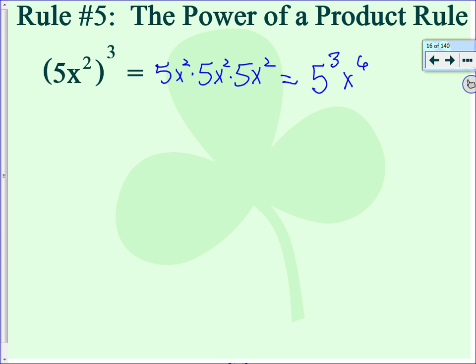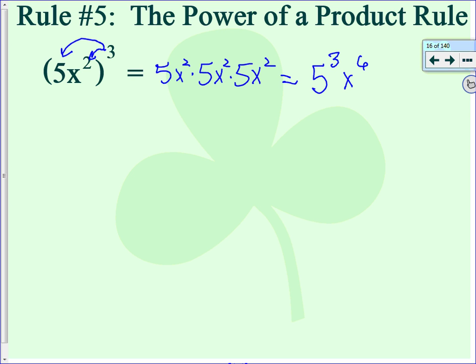That's what made it 5 cubed, or 5 to the 3rd power. And then x squared times x squared times x squared. You add the exponents, you get x to the 6th. So power of a product rule means you have to give that power to all of the different factors in that parentheses. So it's 5 cubed and x squared cubed.